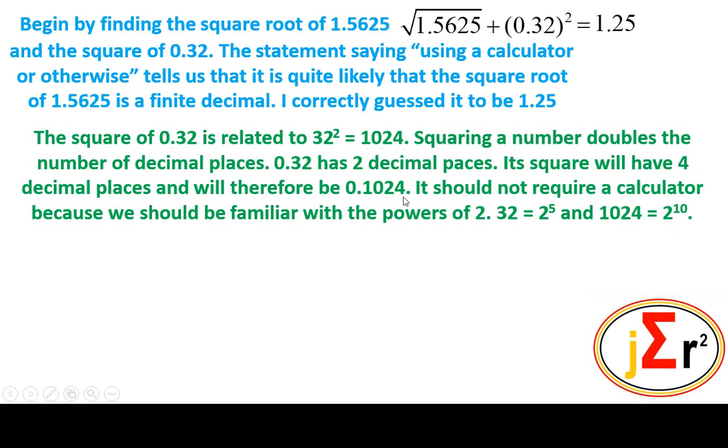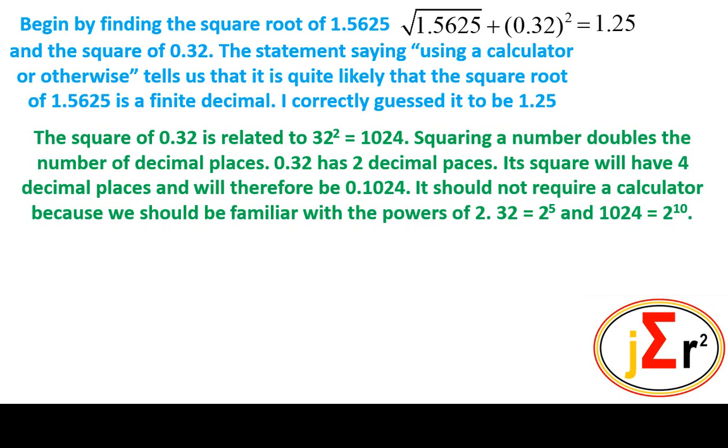It should not require a calculator because we should be familiar with the powers of 2. We should know that in our normal indices topic, and we should also be aware of that when we are doing information technology.